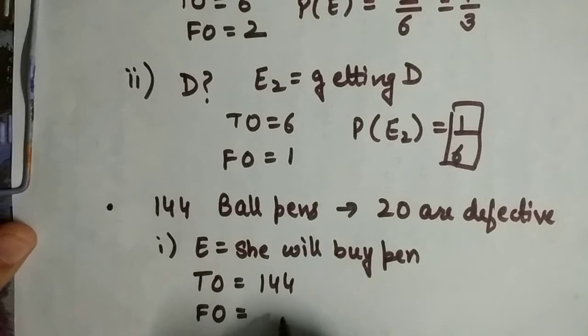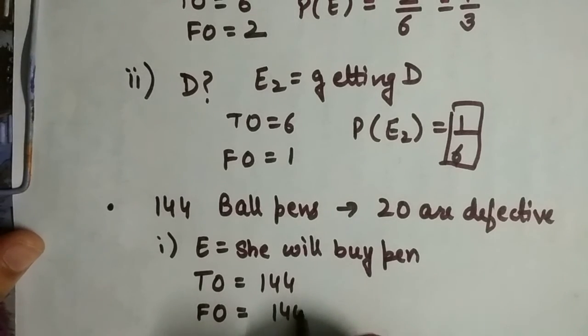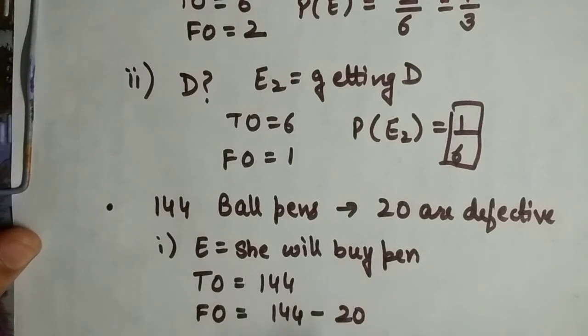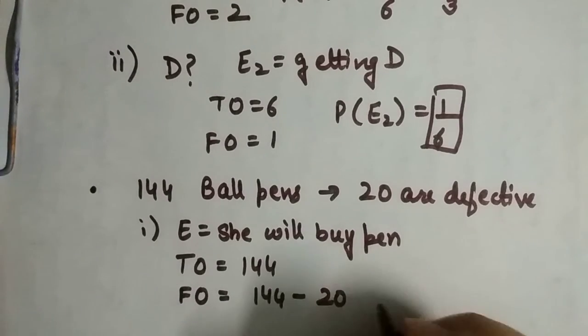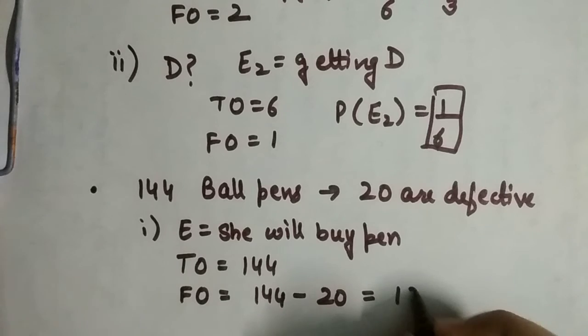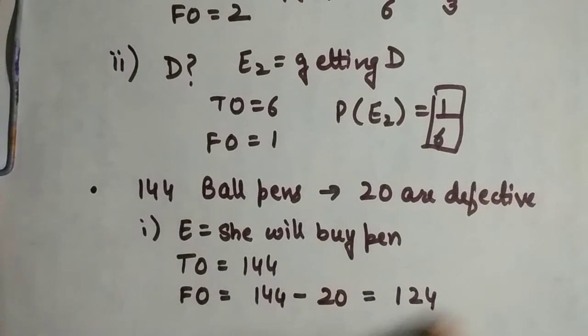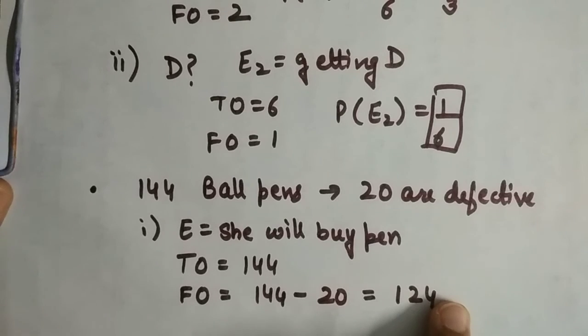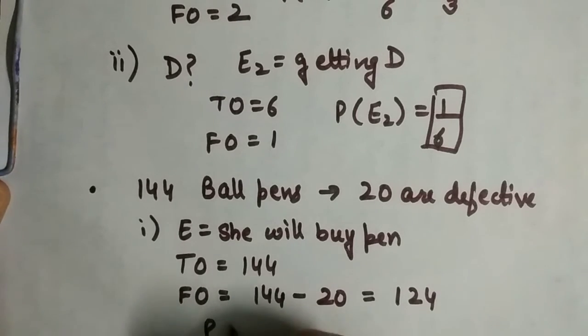It is 144 minus 20, so it is 124. 124 pens are not defective or they are good. So the probability that she will buy the pen is 124 upon 144.